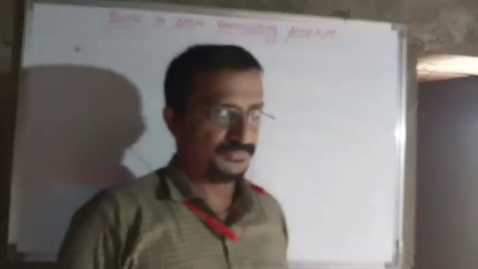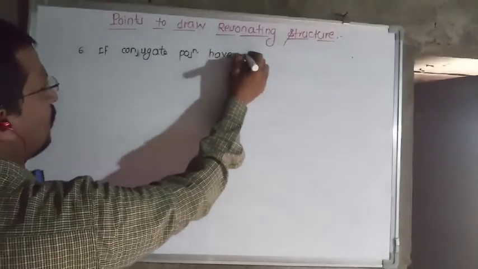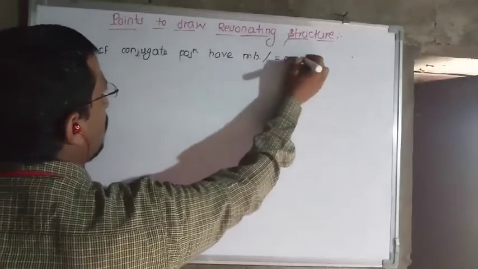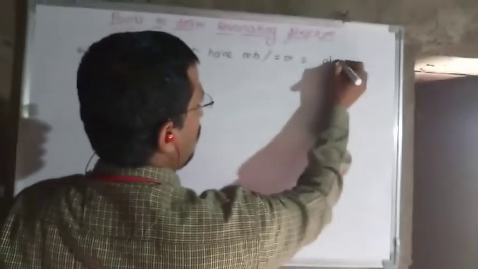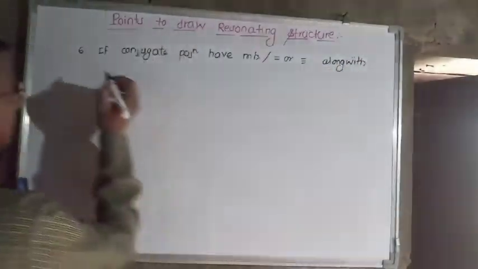If conjugate position have multiple bonds, means either double or triple bonds, multiple bond, double or triple bond, along with lone pair of electrons, see conditions like this, lone pair of electrons, free radicals, negative charge or positive charge.